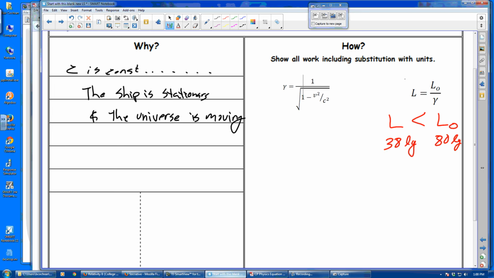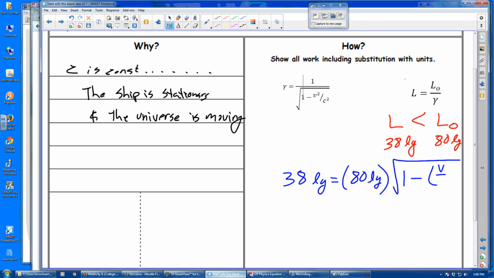Good job remembering Lorentz, by the way. So we have 38 light years equals 80 light years, and if I'm dividing by that fraction, it's like multiplying by the square root of 1 minus, now here's where I'm going to put v over c and square it.